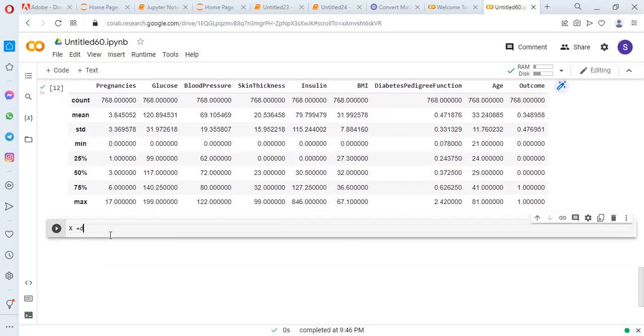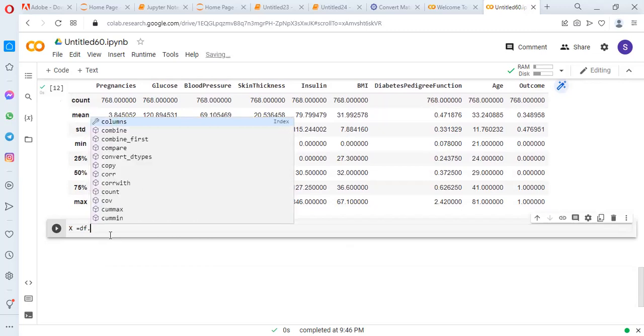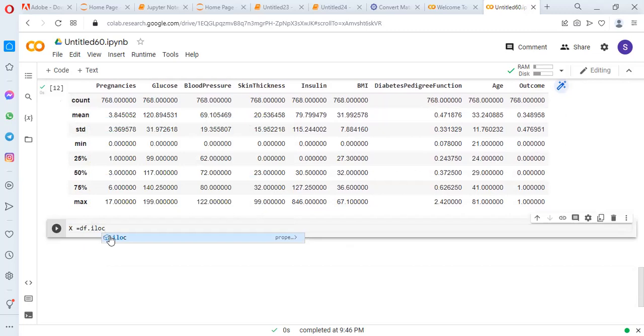X equal to df.iloc, taking consideration of the whole data set, comma, starts with the 0th column, and dot values.